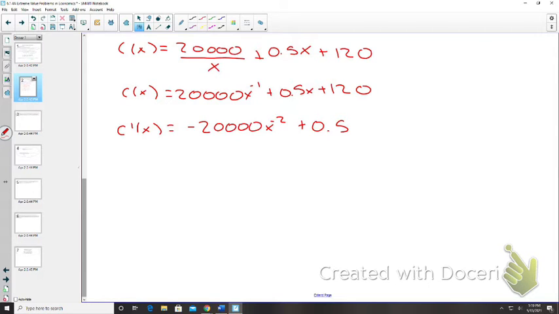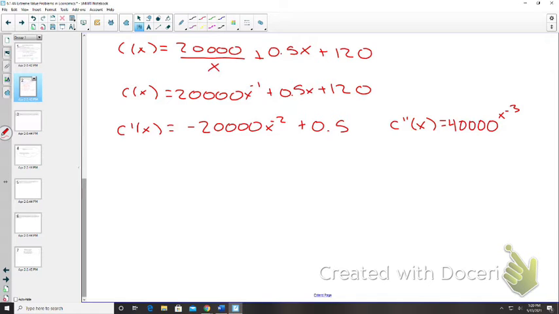While we're at it, let's take our second derivative to ensure that this is indeed a minimum. C double prime gives me positive 40,000 x to the negative 3. That is my second derivative.